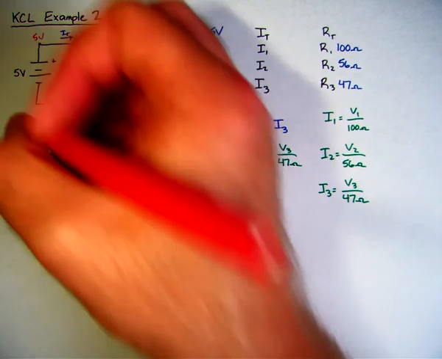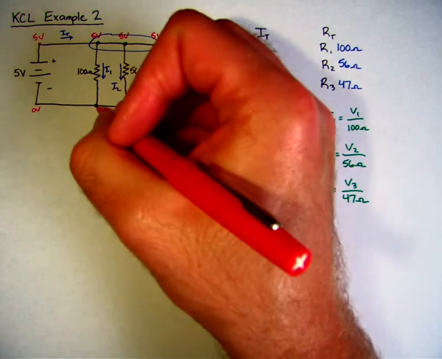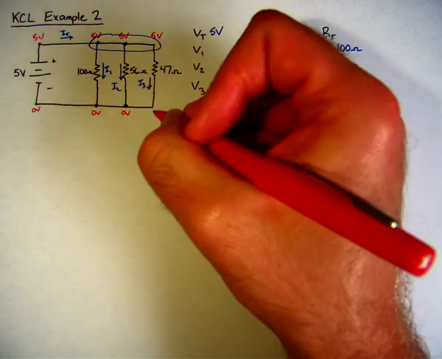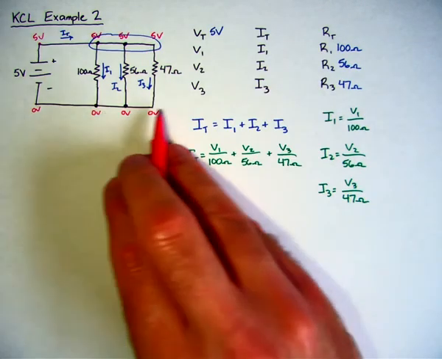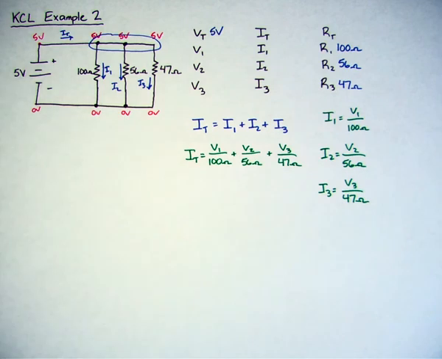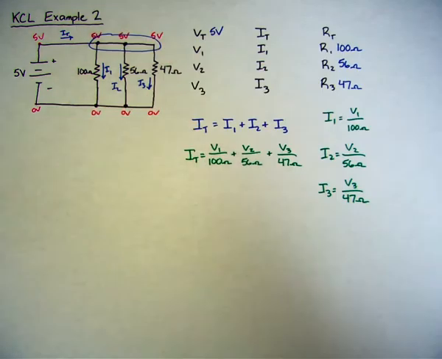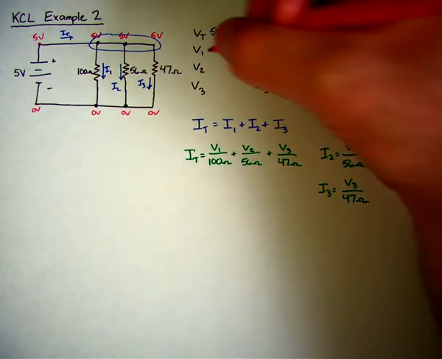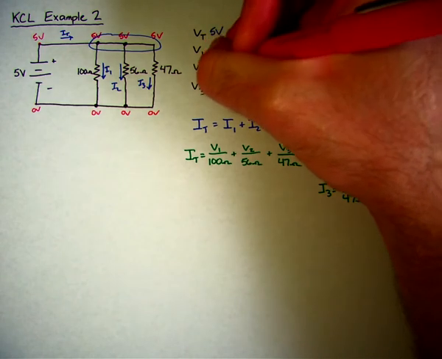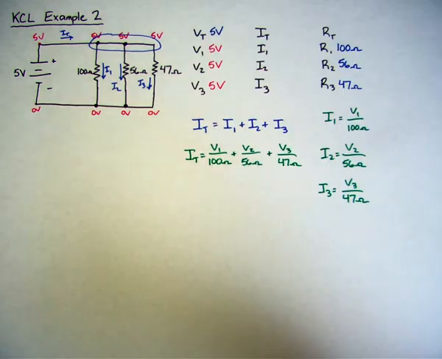Same thing at the bottom: we have 0 volts, and since there's no loss down here, we still have 0 volts across this entire bottom line. So the voltage across all 3 of those is 5 volts, which makes sense because that's one of the things we knew from our parallel rules.